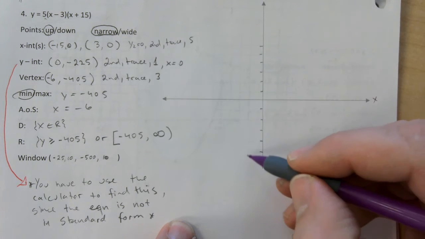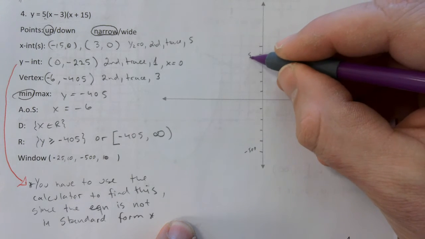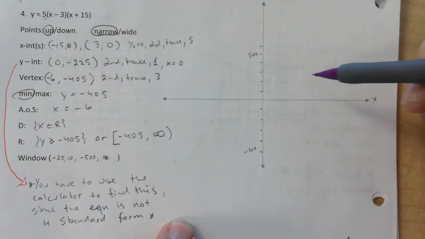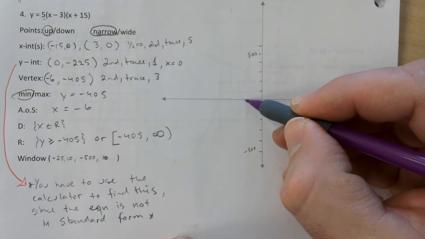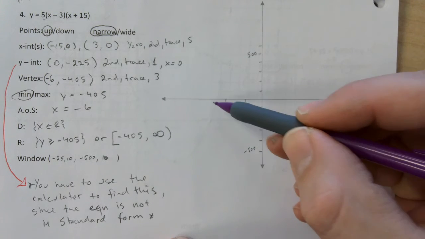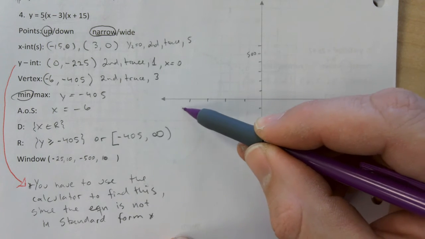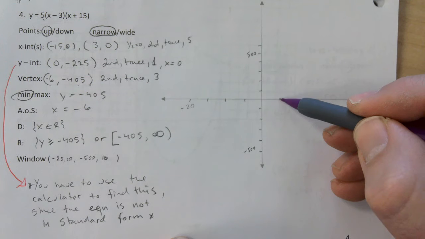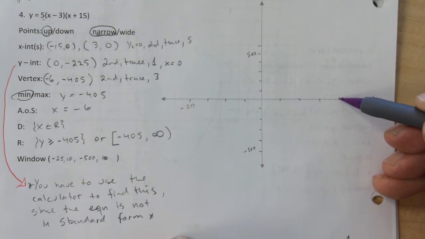Okay, so I'm just going to go negative 500 here, 500 up here. My x-axis, I can just go by fives, right? 5, 10, 15, 20. So it's negative 20 here, 5, 10, 15, 20.